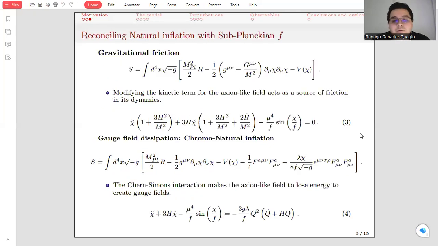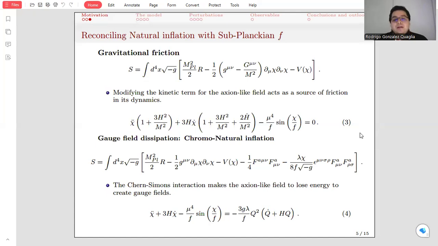In this talk, we will focus on what is known as the friction mechanisms, which will serve to reconcile natural inflation with sub-Planckian values of the decay constant. First of all, we have the gravitational friction, which is the coupling between the Einstein tensor and the kinetic sector of the axion field in the action.